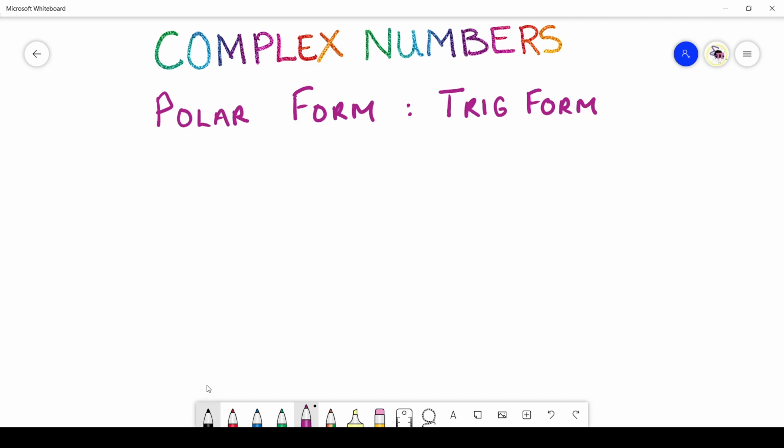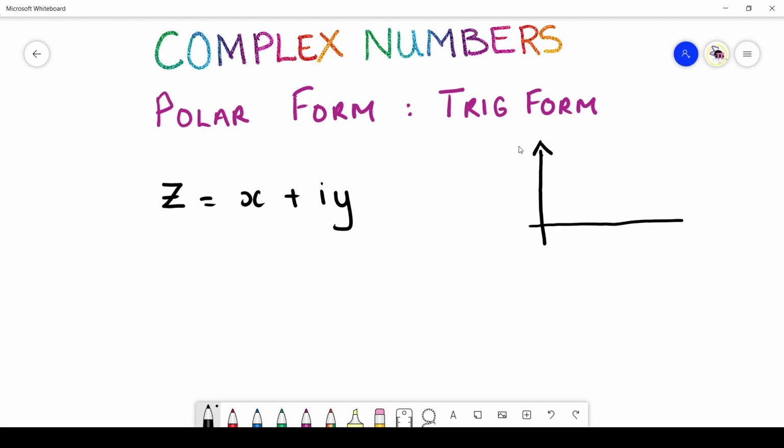So previously you guys would have learned the basic form, z is equal to x plus iy. Let me just give you a visual representation of what that looks like again on the complex plane.